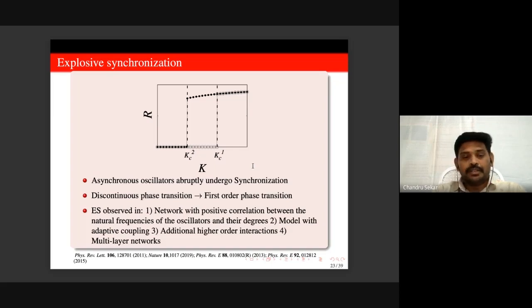Multi-layer and multiplex networks and so on. These are non-trivial generalizations of the Kuramoto model, but not observed in the globally coupled model, the simple Kuramoto model with trivial extension.